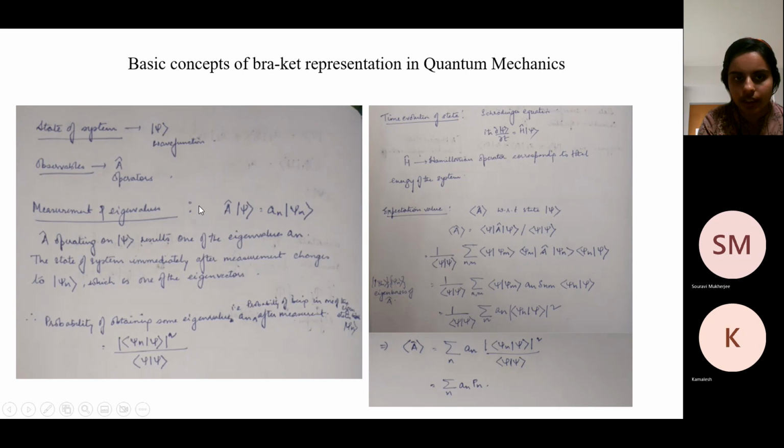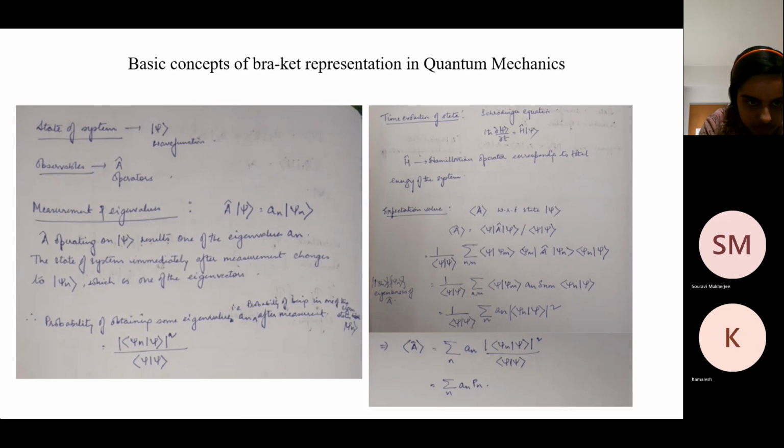So doing a measurement means operating by some operator. Okay, so when some operator operates on this wave function psi, you get a_n psi_n, where a_n is an eigenvalue of this operator and psi_n is an eigenvector or eigenstate of this operator, right? And then if you have to find the probability of getting one particular eigenvalue, or the probability of being in one particular eigenstate, you can get it by these inner products.